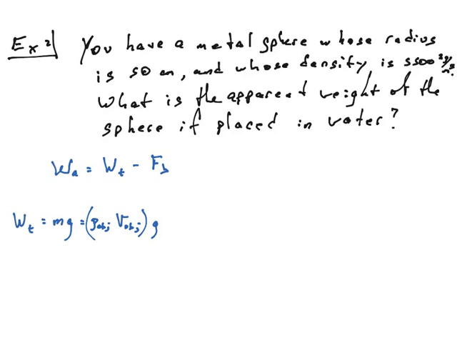All right, well, do I know the density of the object? Yes, 5,500. Do I know the volume of the object? Well, I know it's a sphere, and I have its radius, so I could use 4/3 pi times its radius cubed, in meters, is 0.5 cubed. Remember, our units have to be correct. We have to use meters for distances. So 4/3 pi r cubed, that gives me the volume, then times 9.8 for g.